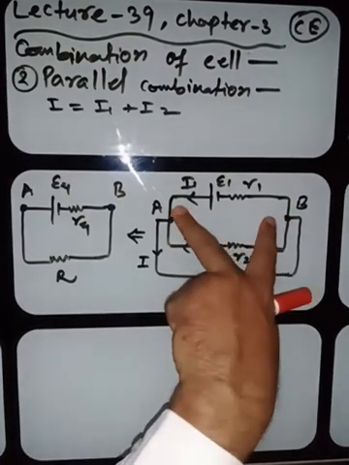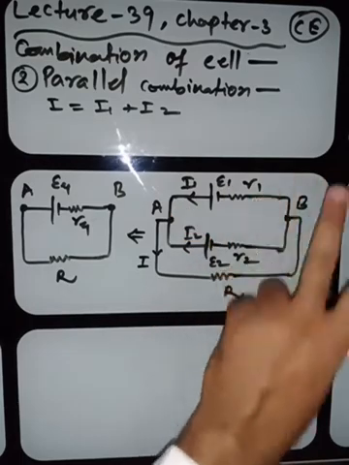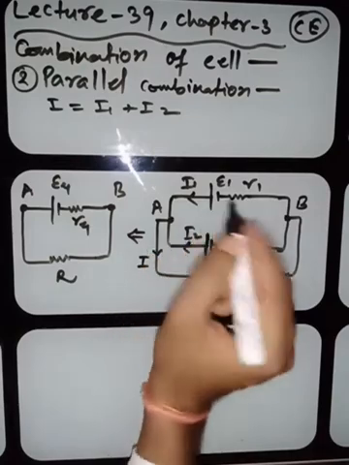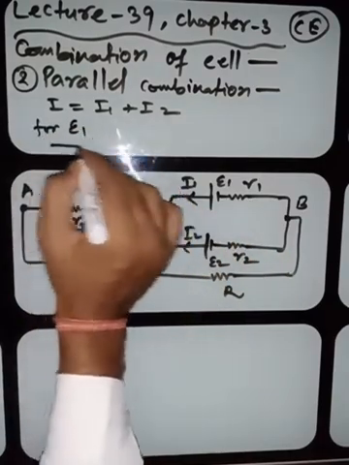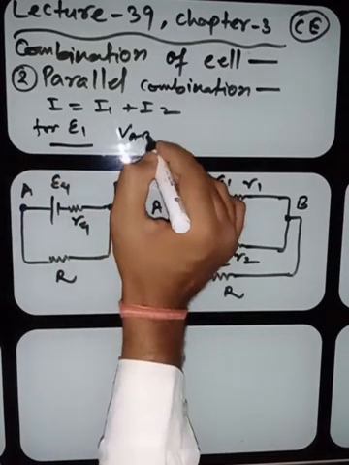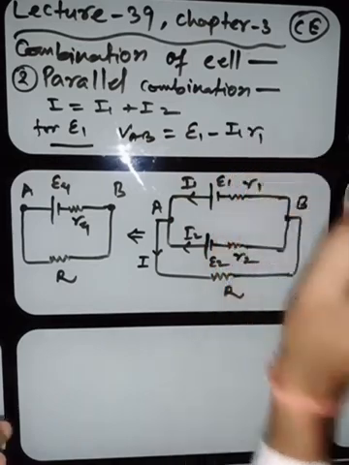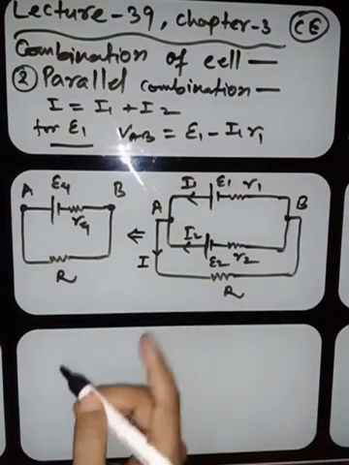It means we can write the potential difference VAB is E minus IR, and so for E1 we can write VAB as E1 minus I1 R1. Any problem? No. It is E1 minus I1 R1.